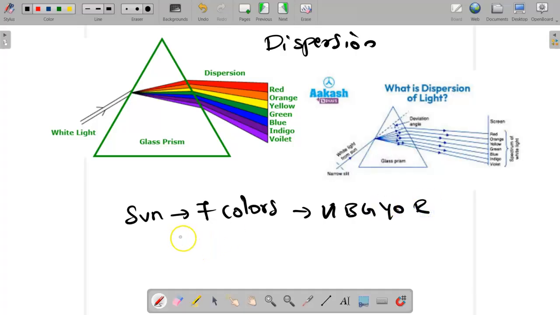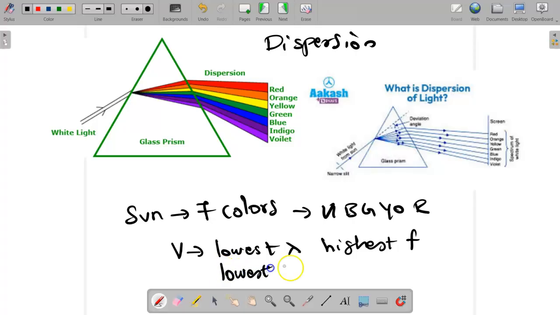VIBGYOR. Here we should know the violet has the lowest wavelength, so it must have the highest frequency. And lowest wavelength, so it has the lowest speed, velocity. And what is the other side? Red.